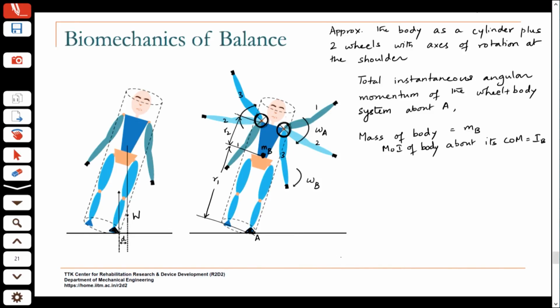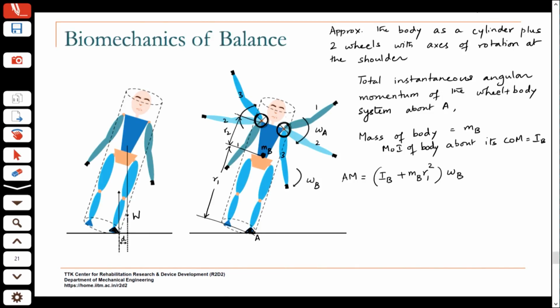Okay. So, now I can write the instantaneous, the total angular momentum of this system. I have IB, angular momentum of the body about its center of mass, plus, using the parallel axis theorem, MB R1 square. This is rotating with omega b.